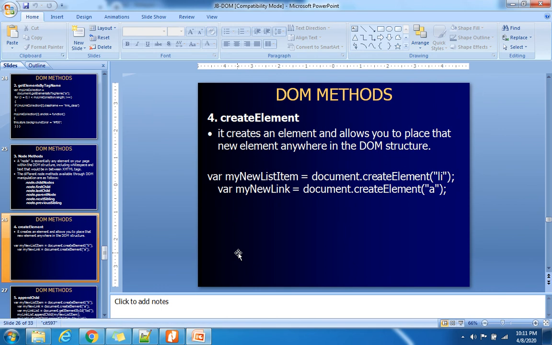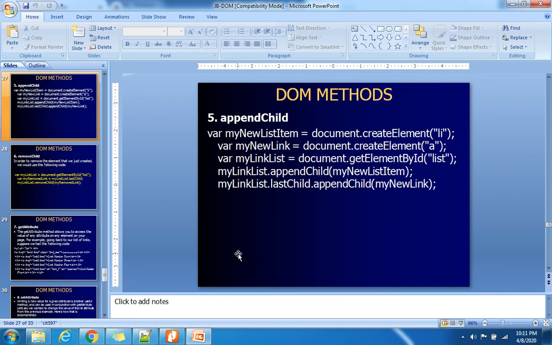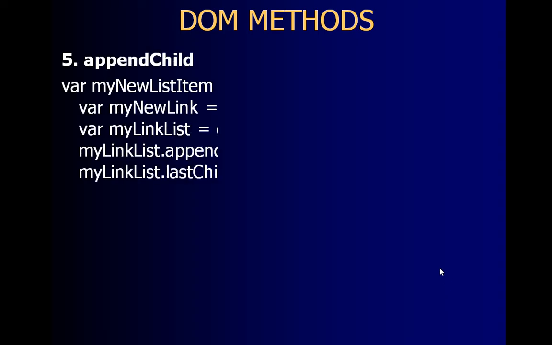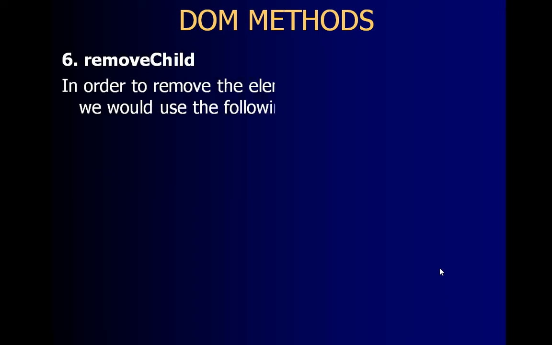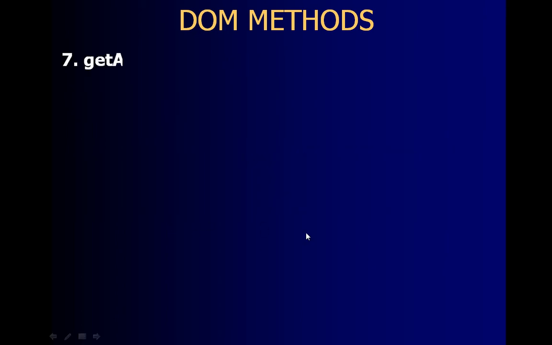You can create an element, document.createElement, in the same way. Then you can append a child. After you create an element, you can append the child. Then you can remove the child.